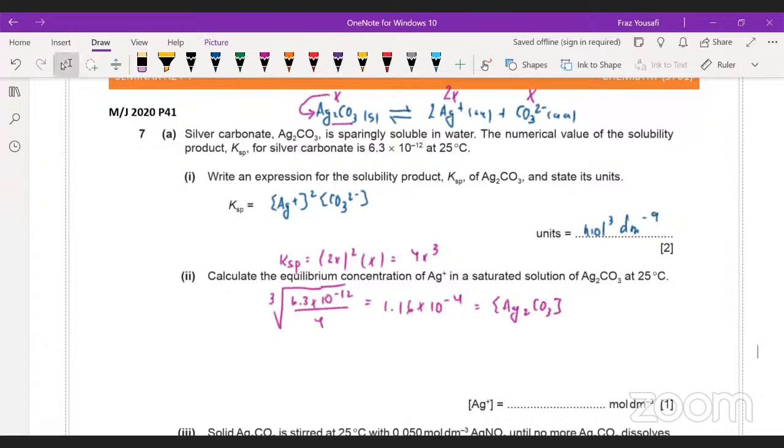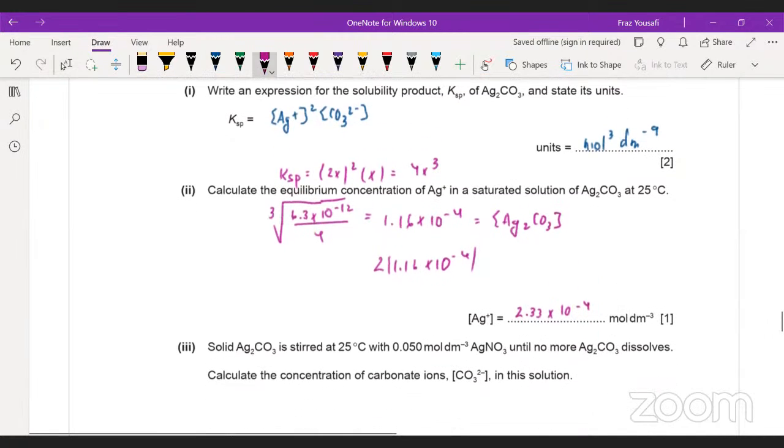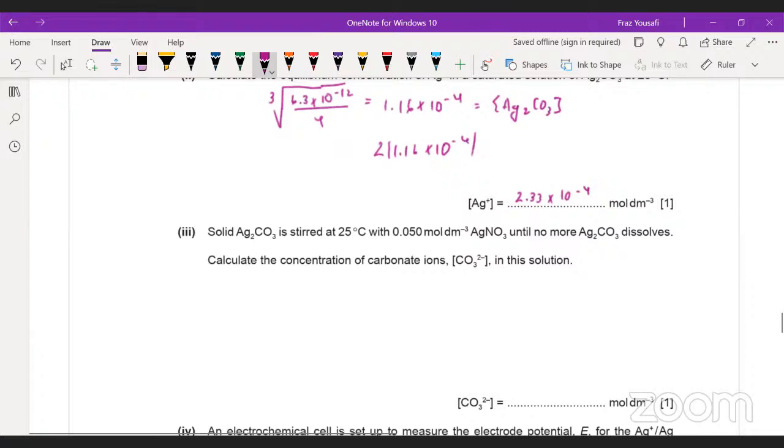But that's not what I want to solve. I want to solve for the concentration of Ag plus, which happens to be precisely twice this value. That's why we multiply by 2 here, and we end up getting 2.33 times 10 to the negative 4 as the concentration of the silver ion. All right.